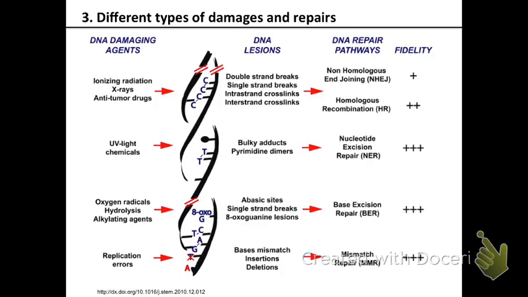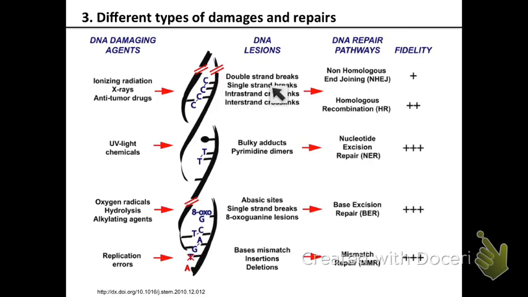But there are lots of other damaging agents, and here is a table listing the types of damaging agents, the types of damage they cause, and the DNA repair mechanisms that cells use to fix these damages. For example, ionizing radiation, X-rays, or anti-tumor drugs can cause double-strand breaks, single-strand breaks, or cross-links between nucleotides.